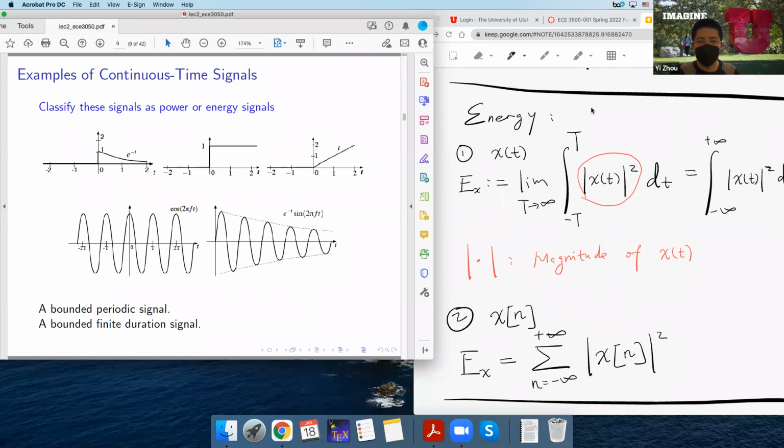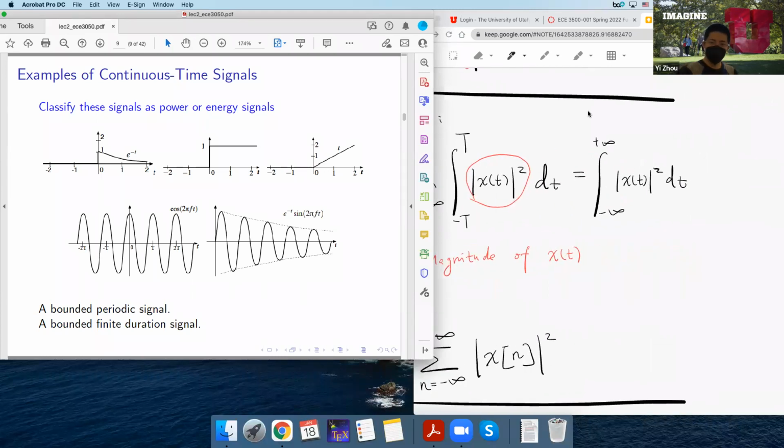What is the definition of energy here? It is the integration of the magnitude squared over the entire time domain. So intuitively, is it an energy signal?